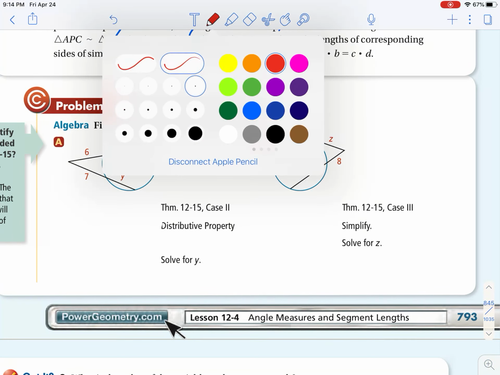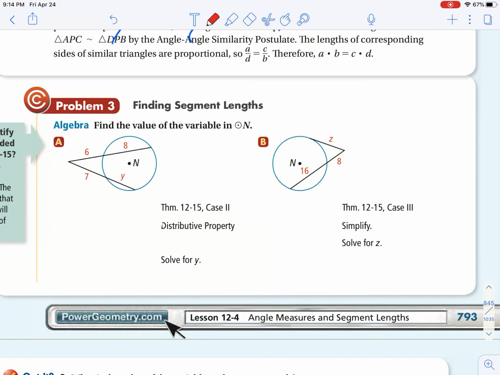So take a look at the problem. What we got is from case number 2, I believe. We have this secant that goes out here, and this secant that goes out here. Remember, we're going to get the sums of these, and then multiply by the little guy out there. So let's see what we got.